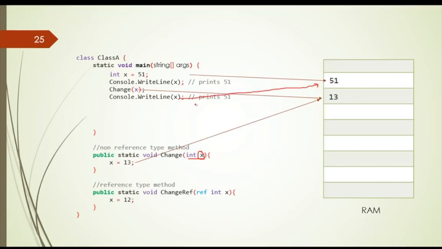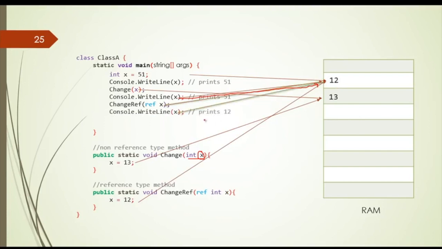So you really print the 51, and if you pass it to a reference type function, this time it really passes the reference, and when you change it, you really change it here. So when you print it, you'll get the 12 there. That's how reference types work. If you really don't get it, mail me, I will try to help.